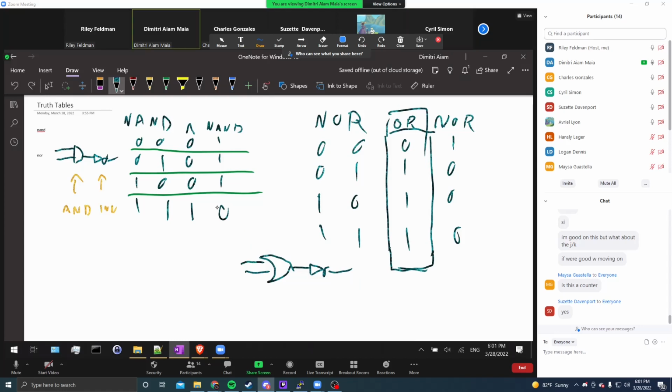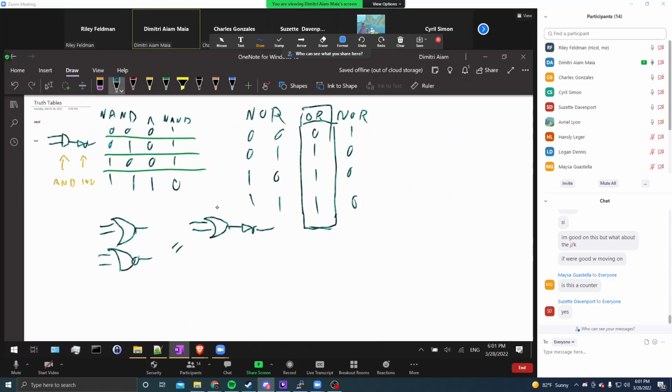Remove the triangle, the triangle and this little circle over here. Yeah, it's just a circle, right? This is the OR, and this over here is the NOR. These two are equal. Okay.